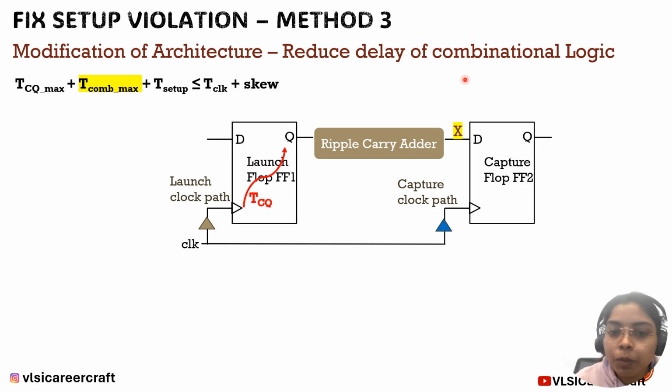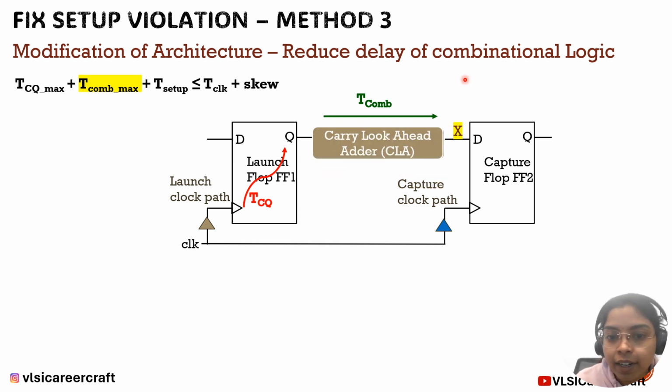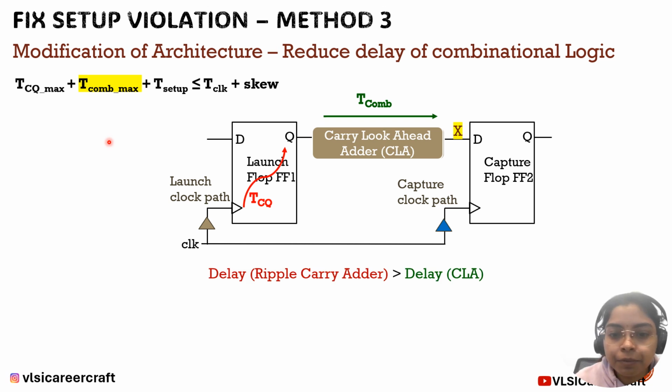So we move to a more advanced architecture to reduce the delay, that is the carry look ahead adder. If we replace the ripple carry adder by a carry look ahead adder, the delay is reduced, that is the combinational max is also reduced, which in turn helps in satisfying this equation and eliminating the setup violation. But what is the problem here?